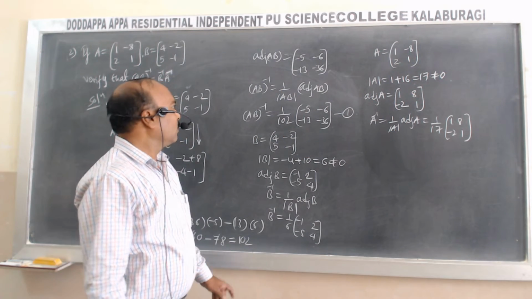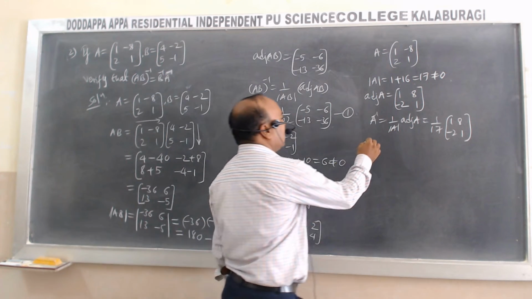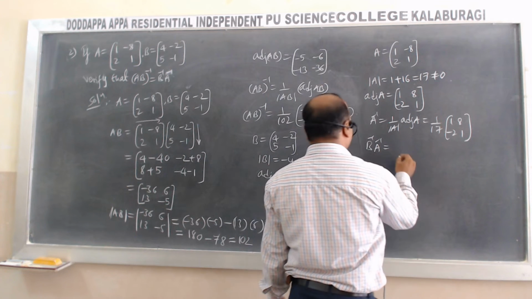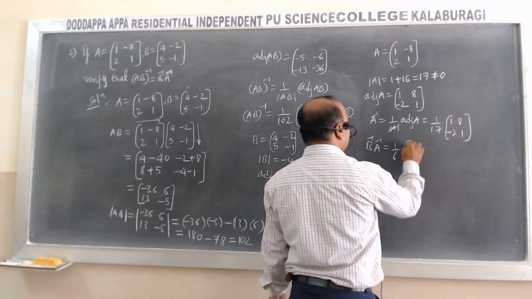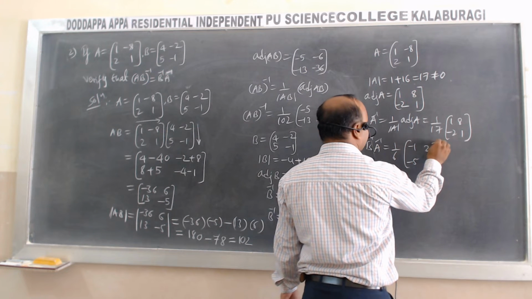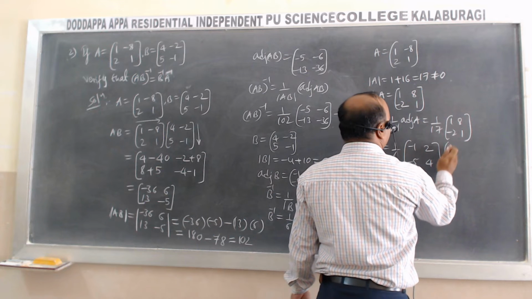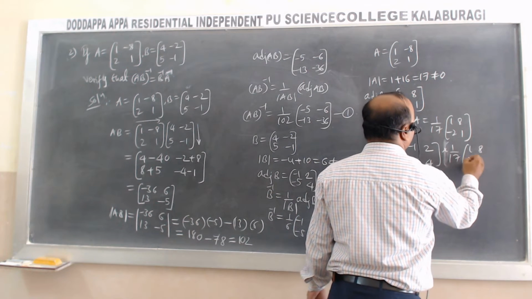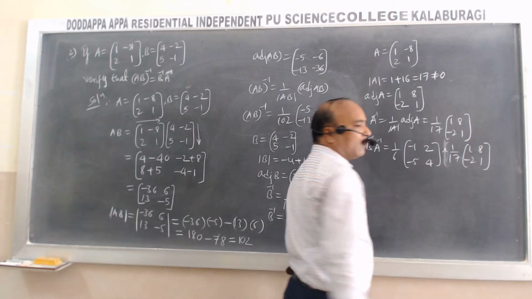Now we go for the value of B inverse into A inverse. First we write the B inverse value, it is 1 by 6 into [-1 2; -5 4], into A inverse, which is 1 by 17 into [1 8; -2 1].